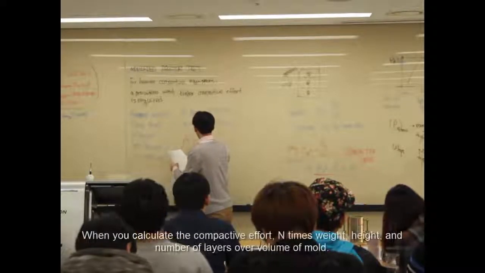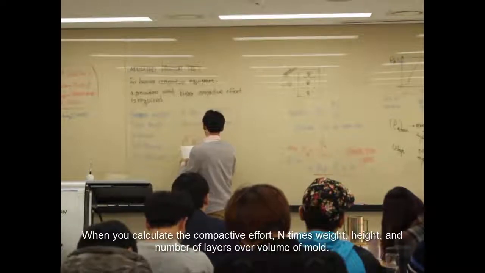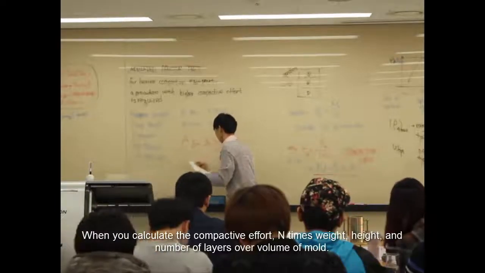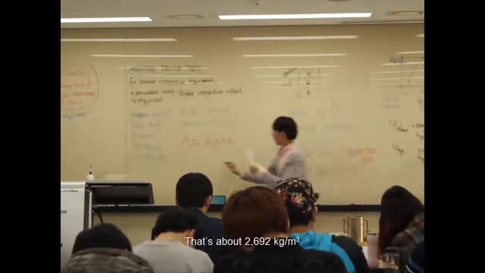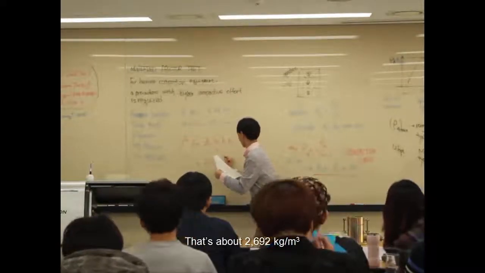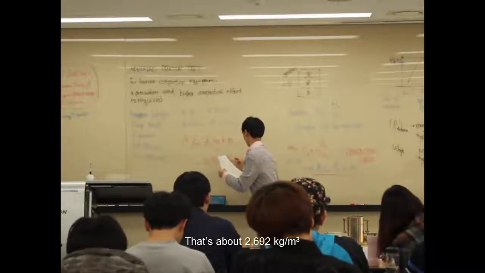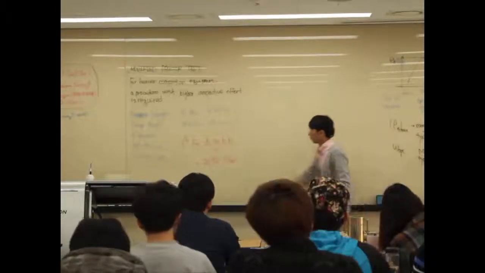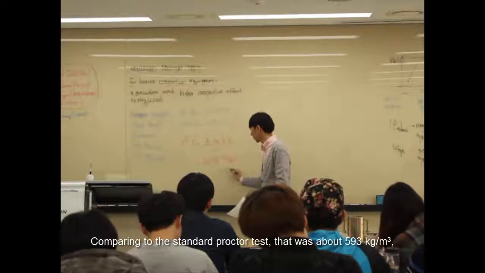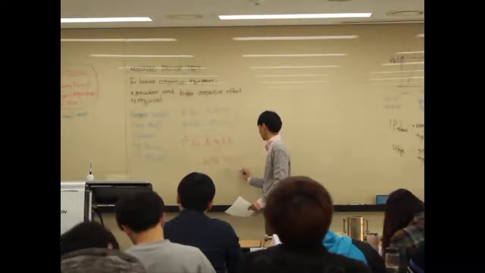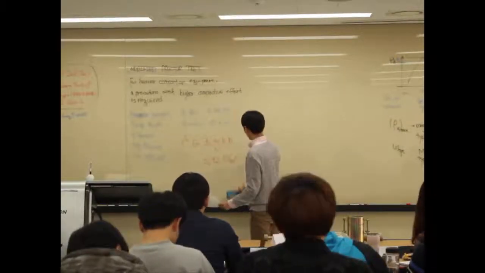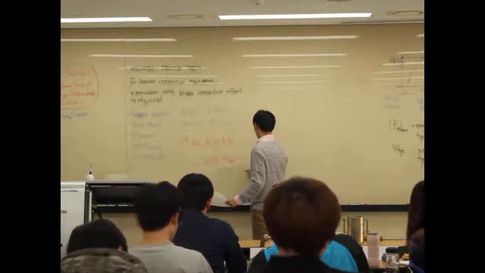So when you calculate the compacting effort, with weight, height, number of layers, and the volume, that's about 2,692 kilojoules, compared to the standard test, which was about 593 kilojoules.